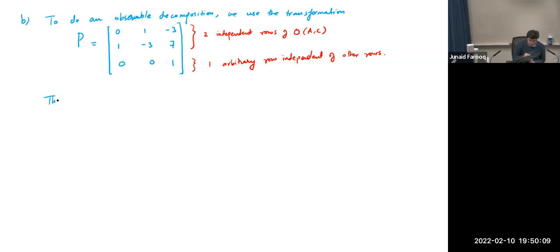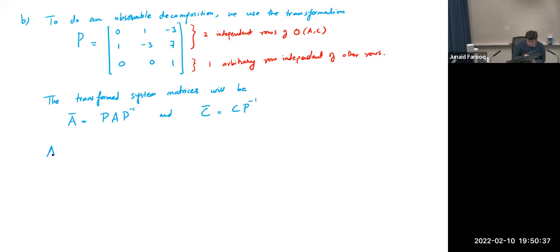The transformed system matrices will be A bar equals P times A times P inverse, and C bar equals C times P inverse.